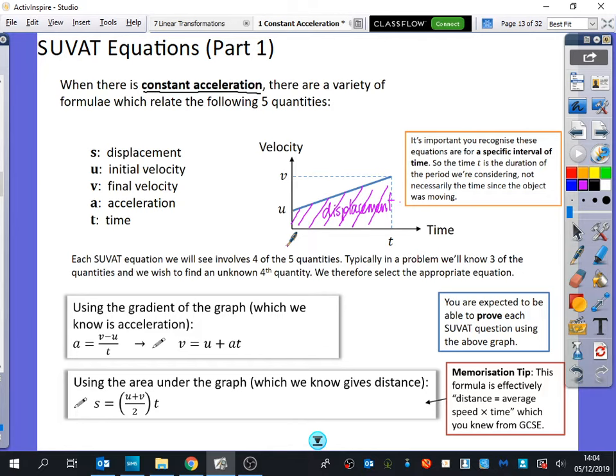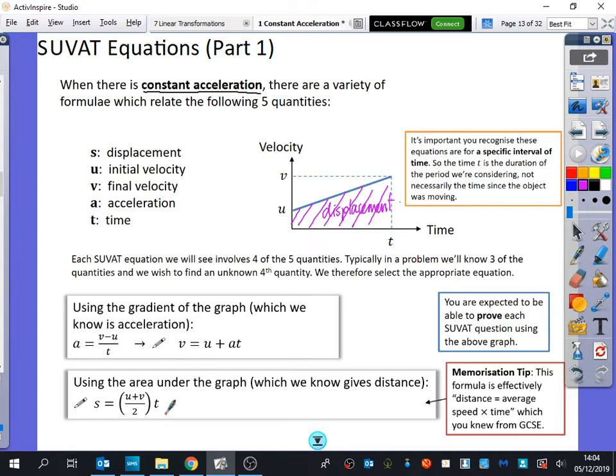So the displacement, which is the letter s, is the average of the parallel sides, which are u and v, multiplied by the gap between those parallel sides, which is t. So our second SUVAT formula is s equals (u plus v) over 2 multiplied by t.